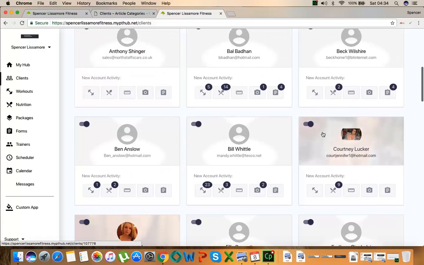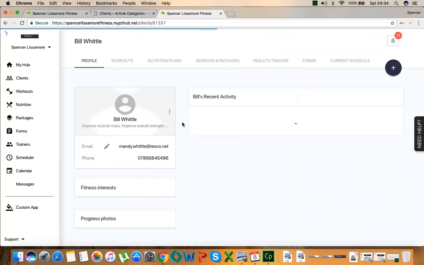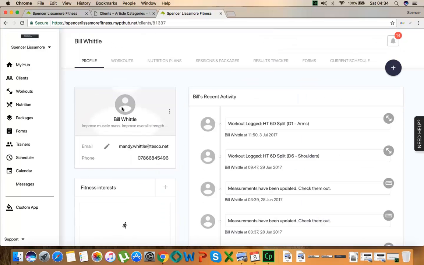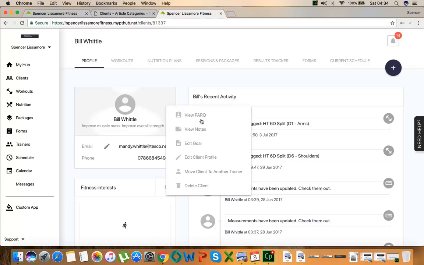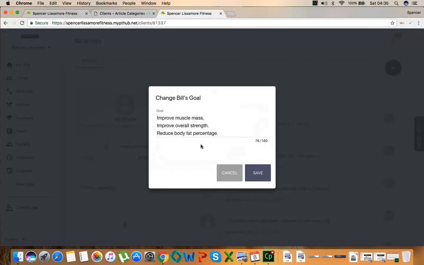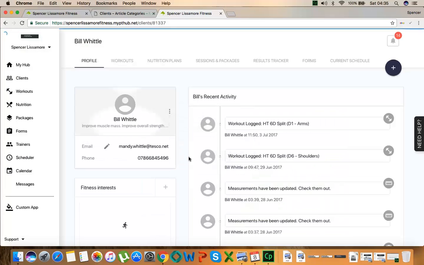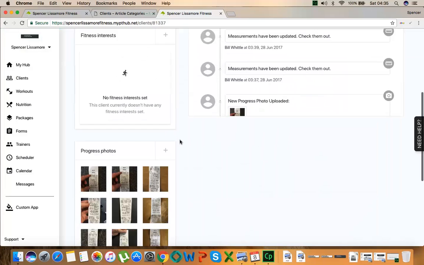I'm going to go for Bill. As we can see, we've got his PAR-Q, which I know is filled in. We've got his notes, and we have his goals. Improve muscle mass, improve overall strength, reduce body fat percentage. And by God, that's what we have done thus far.